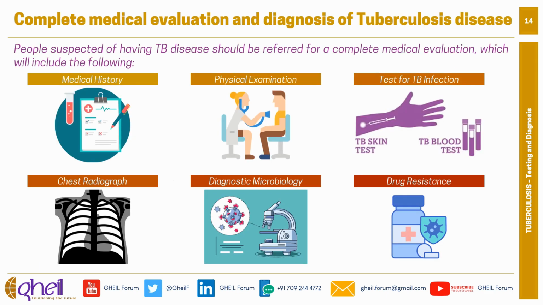Complete medical evaluation and diagnosis of tuberculosis disease. People suspected of having TB disease should be referred for a complete medical evaluation, which will include the following: medical history. Clinicians should ask about the patient's history of TB exposure, infection, or disease.